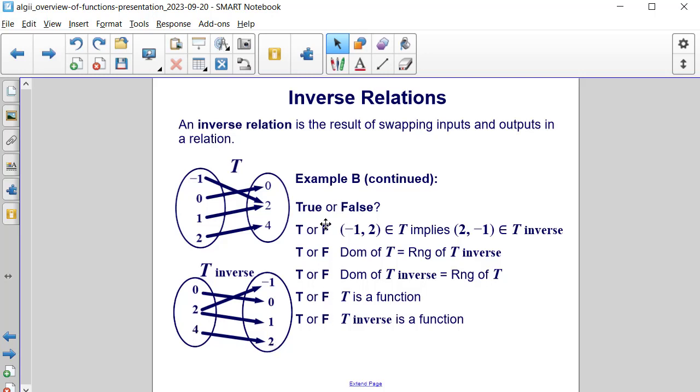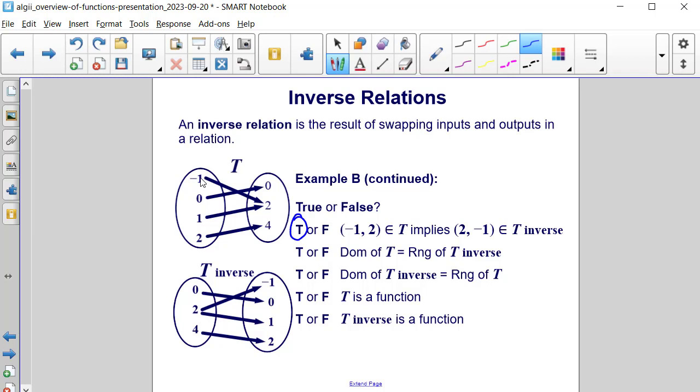Are these statements true or false? (-1, 2) in T implies that (2, -1) is contained in T inverse. That is a true statement. And we basically mapped each one, -1 to 2, that's there, and then 2 to -1 is also present in T inverse.